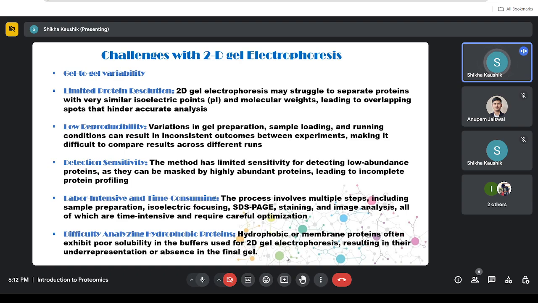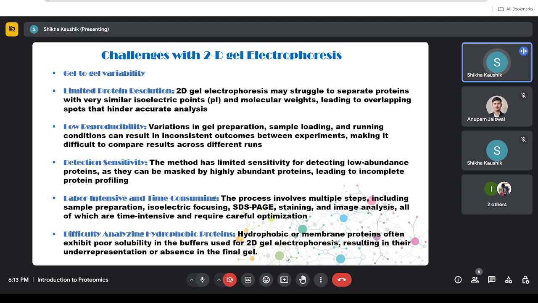Low reproducibility is based on the first point, that gel to gel variability is very high. Even when you make a gel, your IPG strip is going to be constant, but you make your resolving gel for the second dimension separation, which is on molecular weight. While making the gel you may have variation, while loading the sample you may have variations, and also in the conditions in which you run your sample.